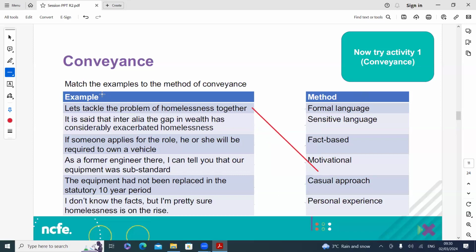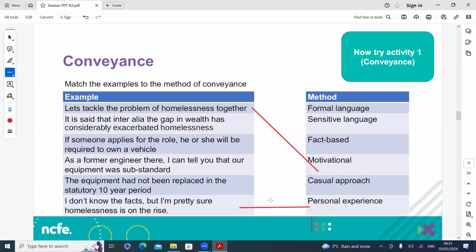So, which one uses personal experience? So that's a simple one too. The last one. And what word tells you it's personal? I. Good. So it's using personal pronoun. I. Well done. Okay. So which ones?